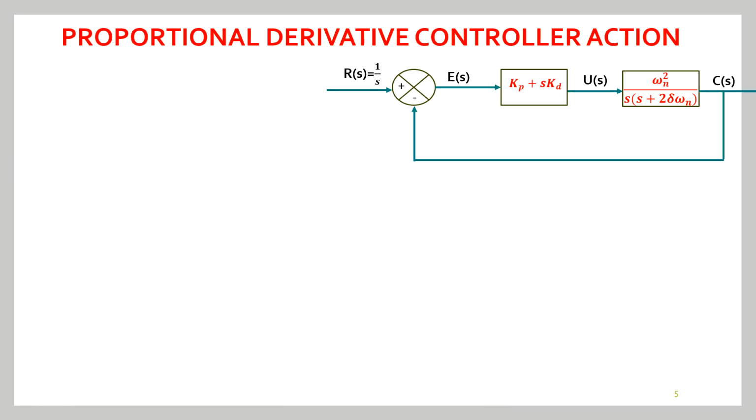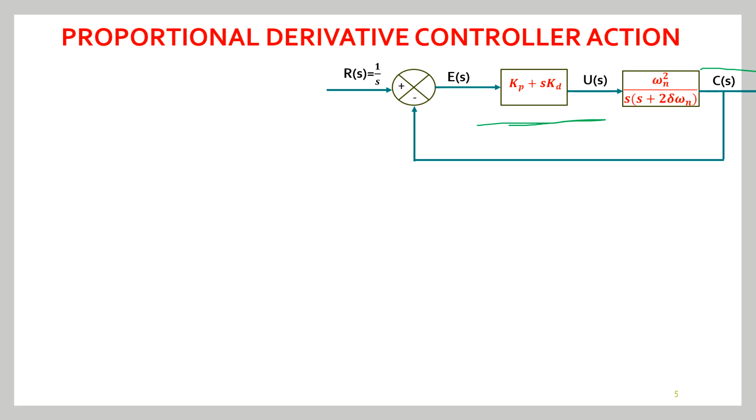Here a proportional derivative controller is introduced, Kp plus S into Kd. The plant function is a general second order open loop transfer function. The general second order transfer function is omega n square divided by S into S plus 2 zeta omega n. Omega n is the natural frequency of oscillation and zeta is the damping factor.